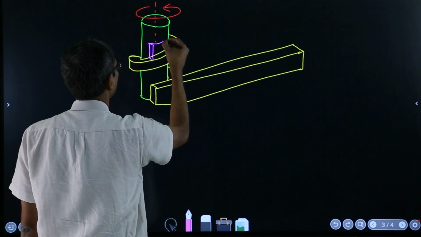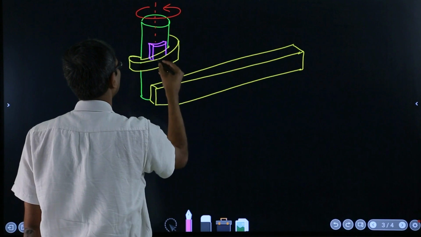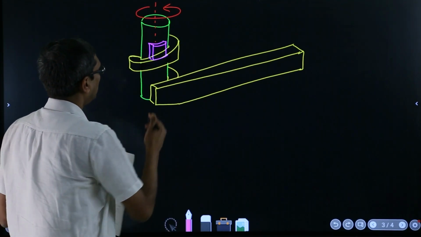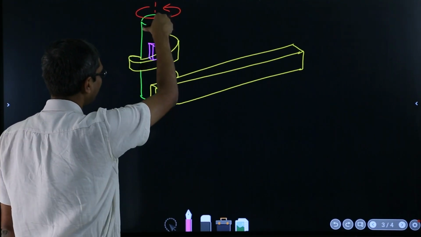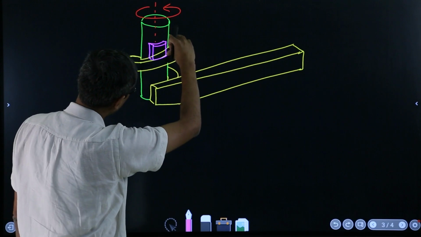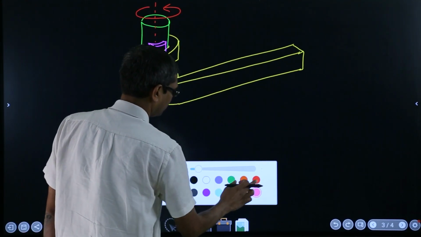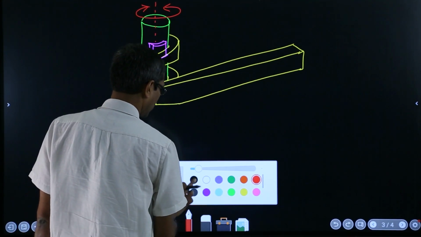Suppose I can support this side by some means, and I rotate the shaft in this way, not the other way.